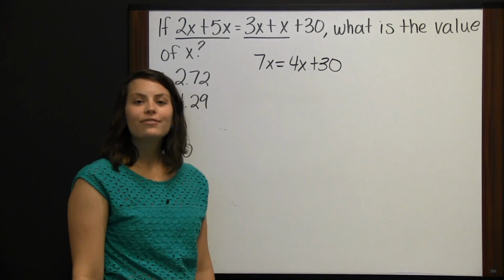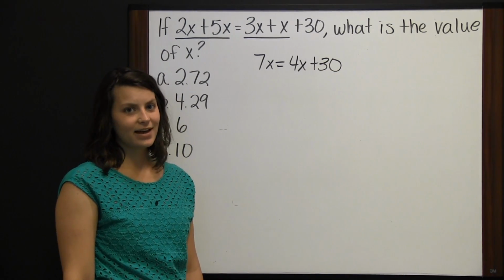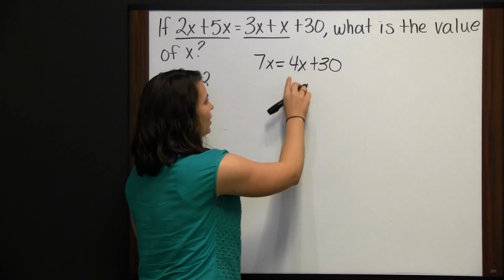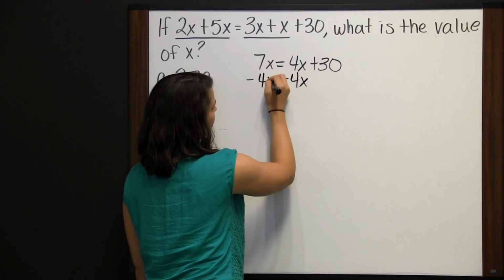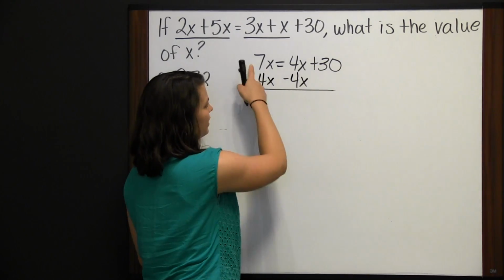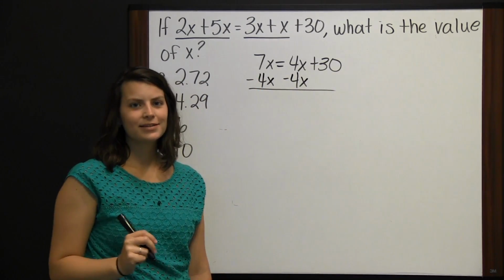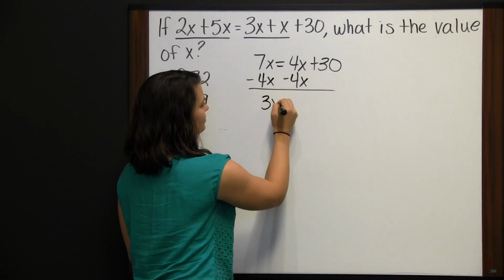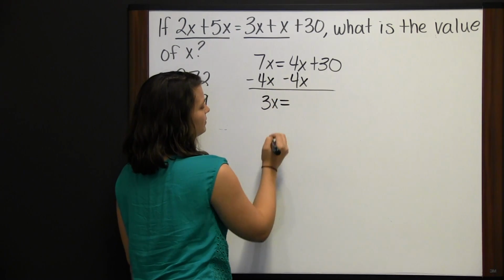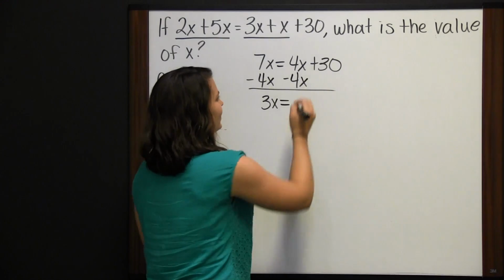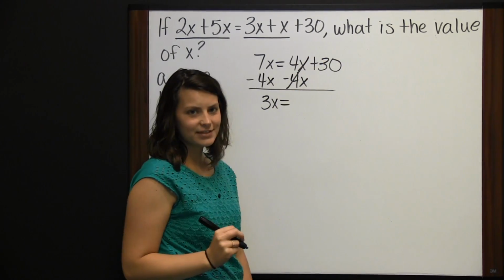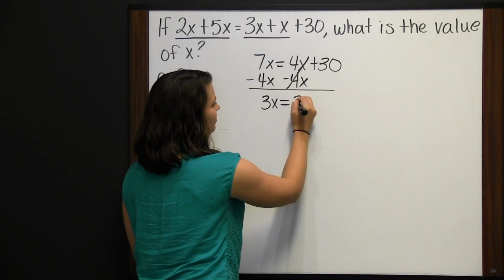Next, we need to get all of our x terms on the same side of the equal sign. We'll do this by subtracting 4x from both sides. 7x minus 4x is 3x. Bring down the equals. 4x minus 4x cancels, they're additive inverses, and we bring down the positive 30.